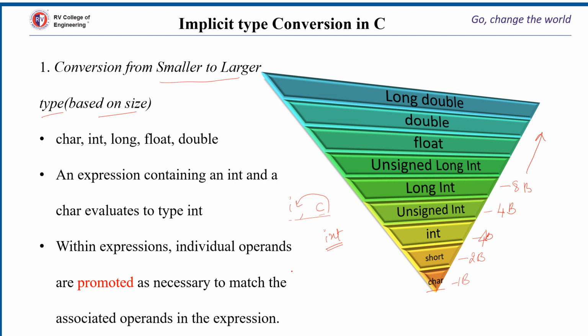Such type of conversions are called promotion, wherein a type of a smaller variable is converted to its higher type. Why is it done? It is done to match the type of other operands in an expression. Okay.